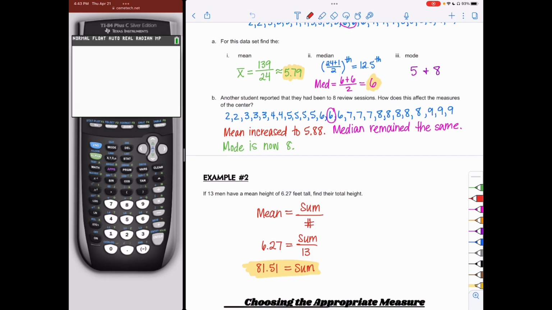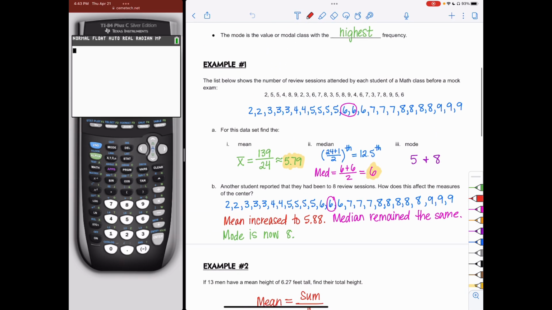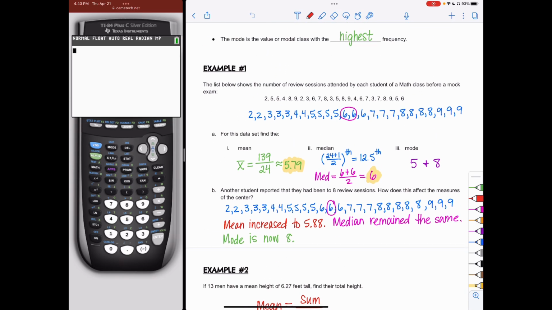So before we move on to the next part, I want to show you all how to use the calculator. So let's go back to example 1. The way that you can use the graphing calculator to find your mean, median, and mode, or any other statistics that you want to find, is that you're going to press stat, and press edit, and you are going to put all of your numbers into L1.